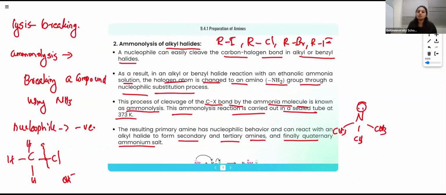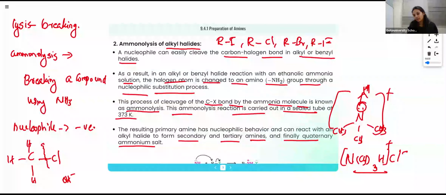Suppose this one is giving to one hydrogen, forming NH4 plus. Then this whole compound will get a positive charge. Then it will be N with CH3 and three hydrogens, having a positive charge, and it will combine with the chlorine. This is called a quaternary ammonium salt.